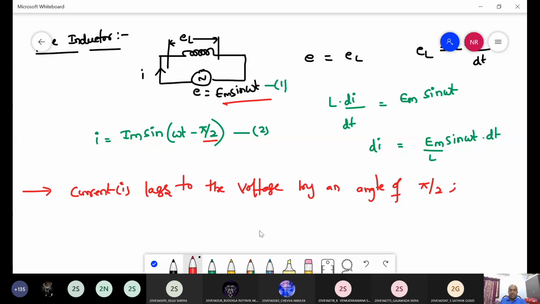You got my point? So the angle here, phi, is equal to pi by 2.